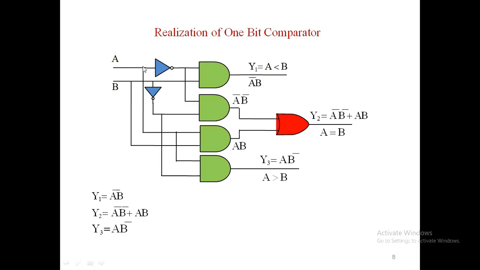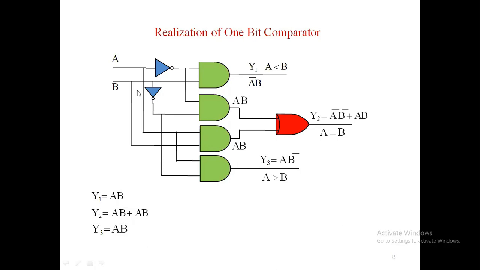So here the a value is passed at the final. Here we have to connect the NOT gate. Here a bar b, and the b value is passed. So that is y2. So y2 is nothing but a bar b bar plus ab. So a bar, next here we will get the value b bar.